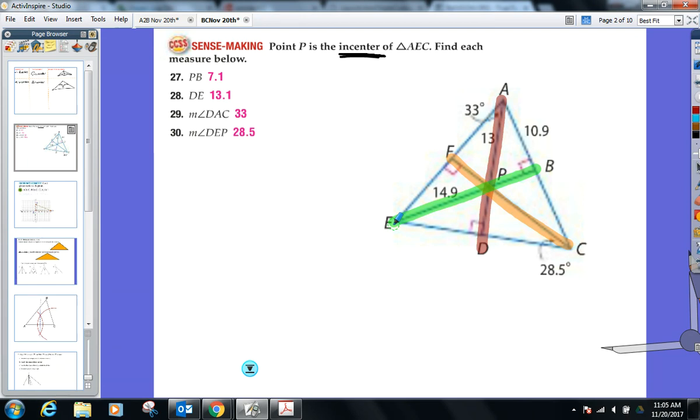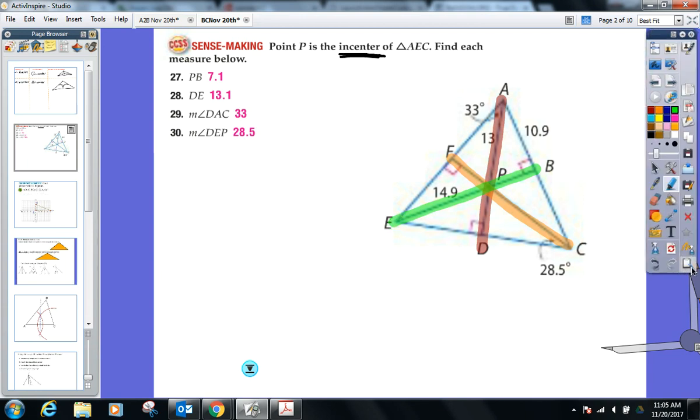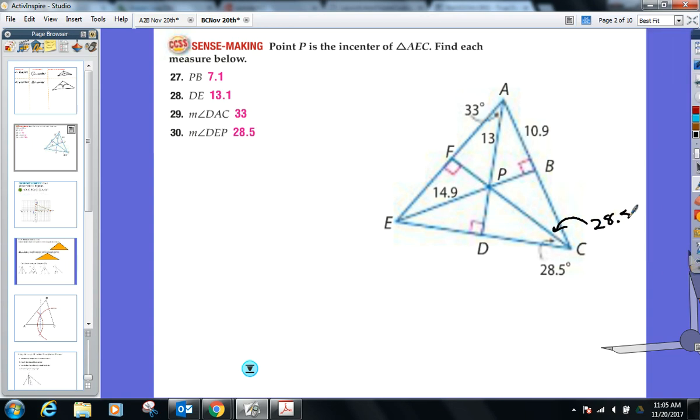And how's the incenter formed? When all 3 what intersect? Angle bisectors. So if this is an angle bisector, if that's 28.5, guess what that one is? 28.5. If that's 33, guess what the other half is? 33. Because I know it's an incenter, and I know the incenter is formed by the angle bisectors.